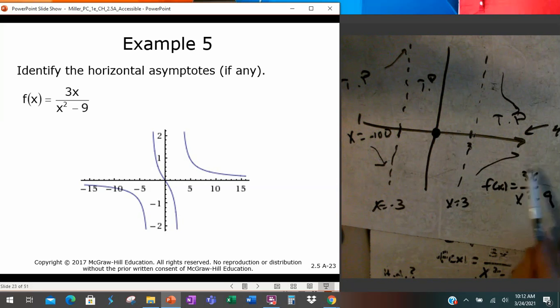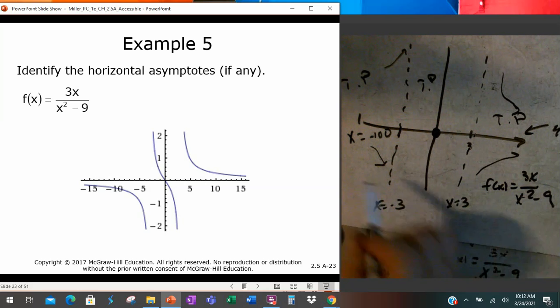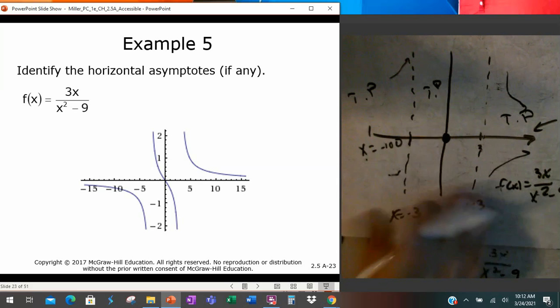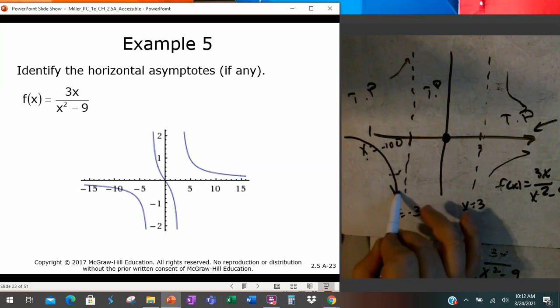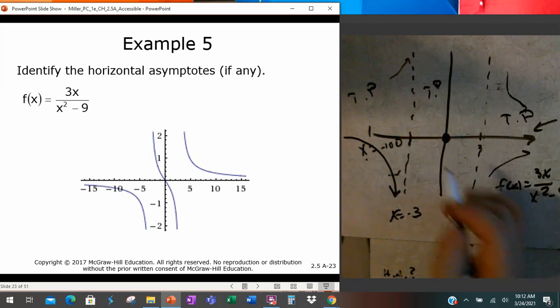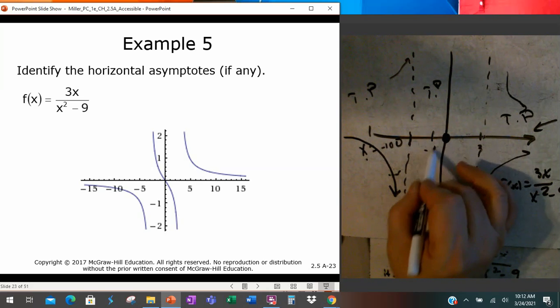This would be a negative number. This would be a positive. Negative divided by a positive would be a negative. So this would be negative. I don't cross anything. This would have to go like that. Now let's pick a -1.